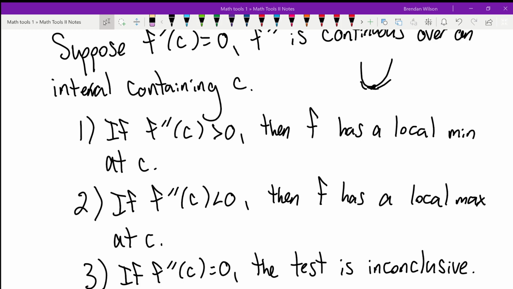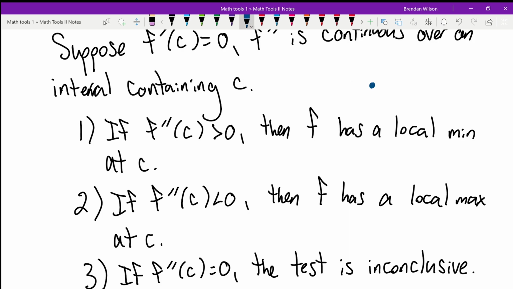So if f double prime of c is greater than 0, if the second derivative at c is greater than 0, then f has a local min at c. We can imagine what that would look like. I have this little picture right here, but let me just redraw it.